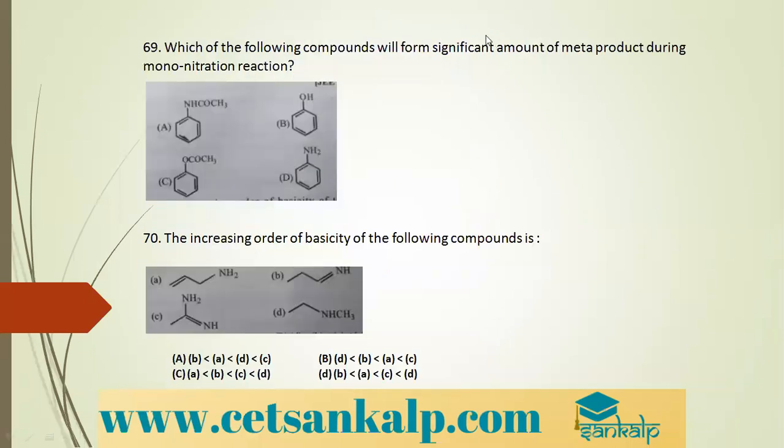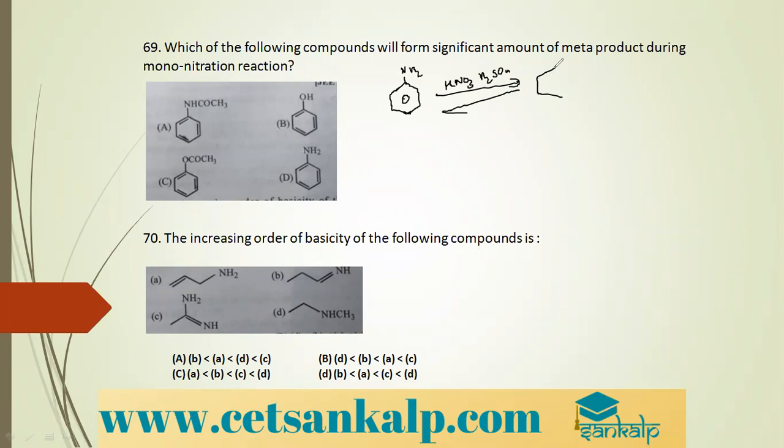Next, which of the following compounds will form a significant amount of meta product during mononitration? When you carry out nitration of aniline in presence of concentrated HNO3 and H2SO4, what happens?